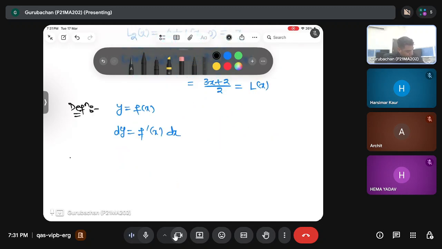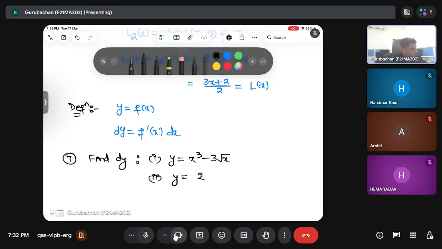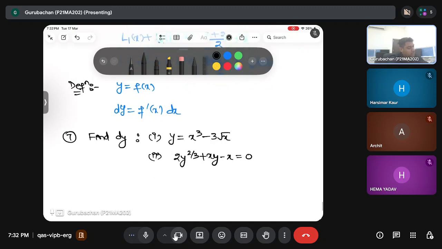So question number 7, find dy of x cubed minus 3 root x, 2 by 3 xy minus x. This is an explicit function I'm giving you. Now quickly tell me the answers of these particular ones.